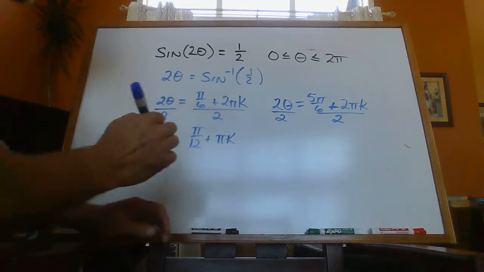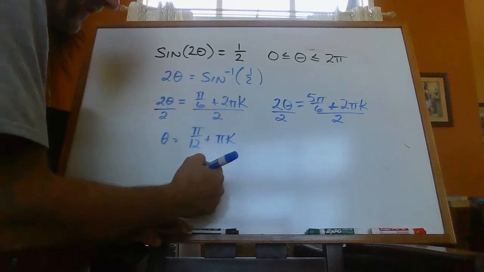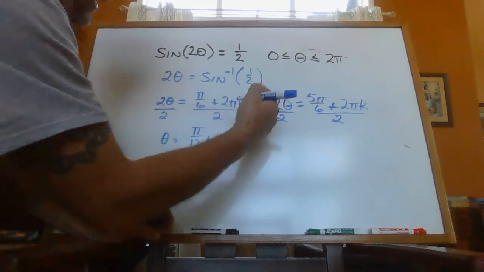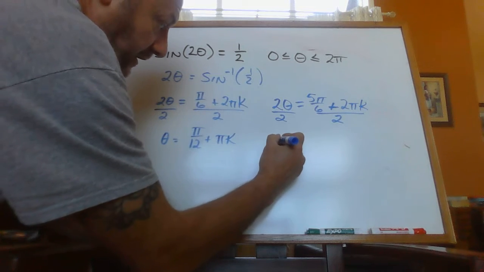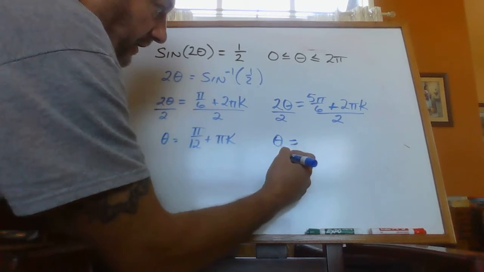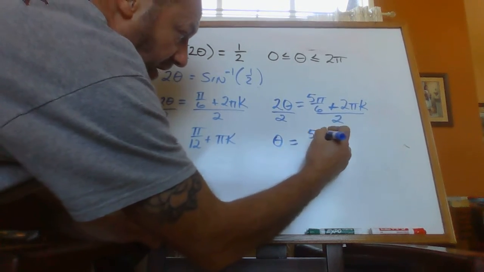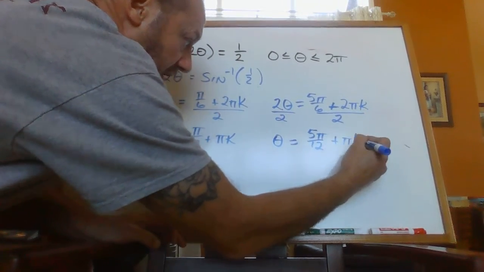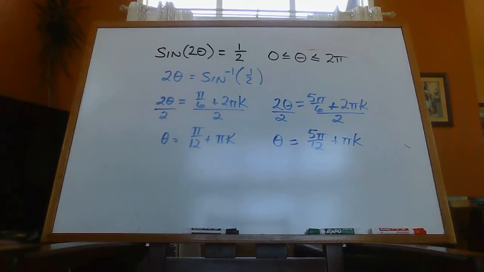All right. So we've changed the period of this thing, and the period's smaller now. Since we're in this range, we're going to have twice as many answers to this thing. So over here, theta is going to be 5 pi over 12, and again, plus pi k.